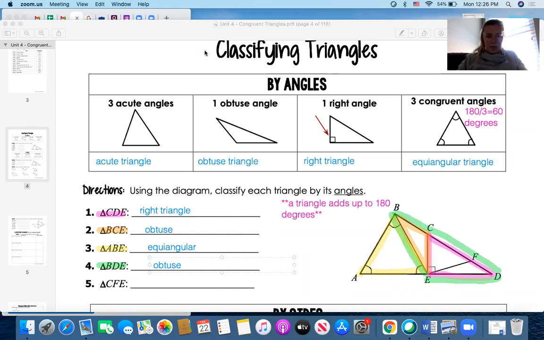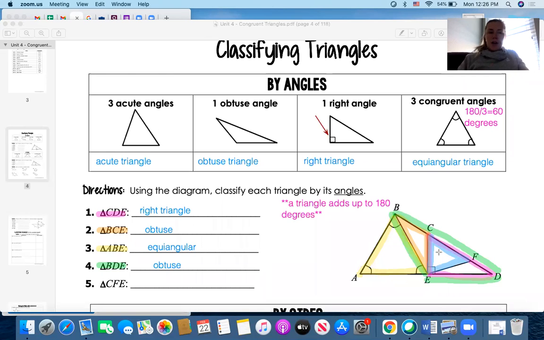Then we have CFE. Oh, hang on, I got the wrong color. That's not what I wanted. CFE right here. So kind of the same thought process that we used on the last one.